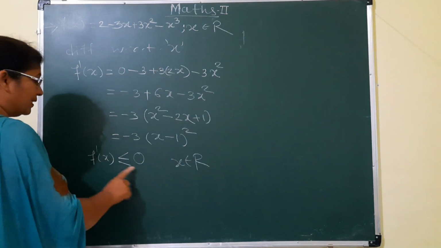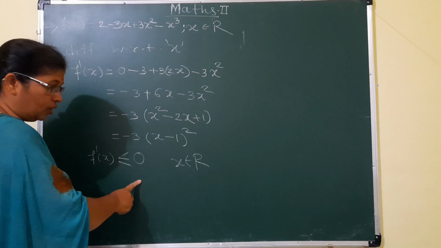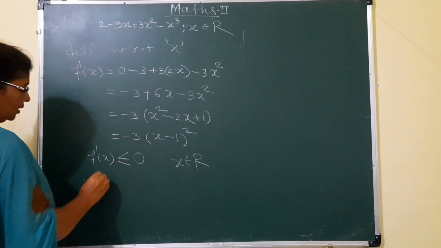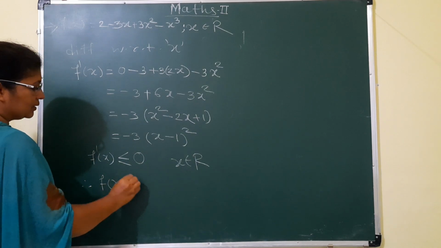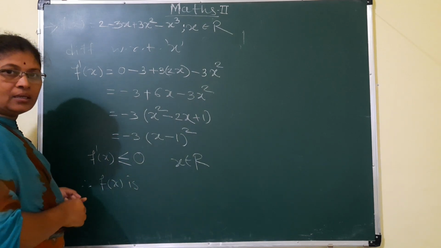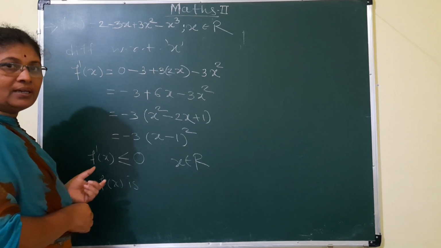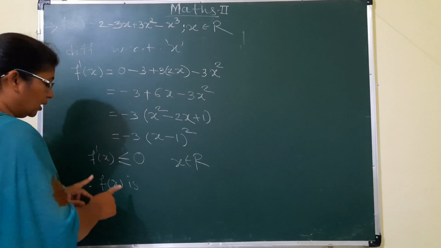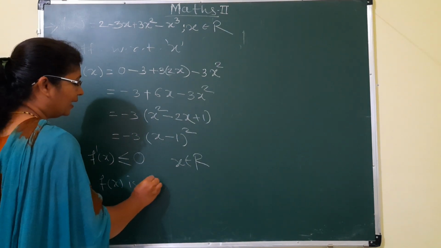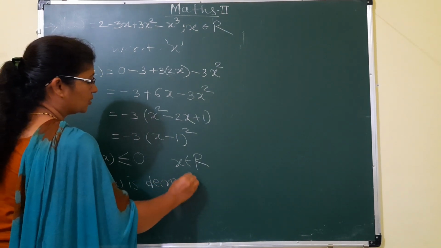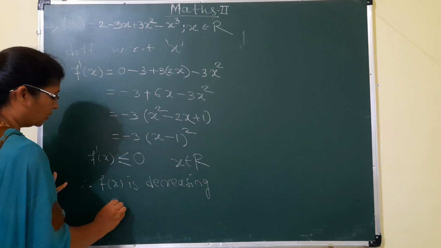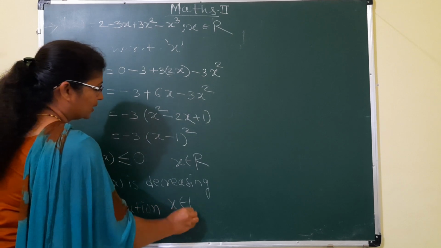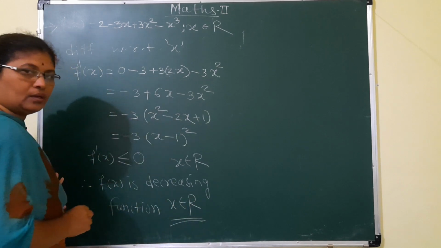Now look at this. As f dash of x is less than or equal to 0 for this interval, therefore the function given, f of x, is what, increasing or decreasing? Yes, by our obtained conditions, since it is less than or equal to 0, this function is a decreasing function in the given interval, for x belonging to R. Got it?